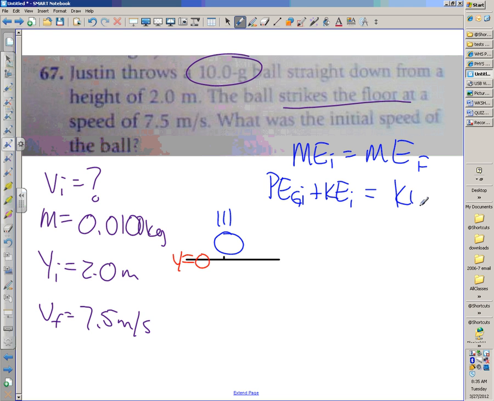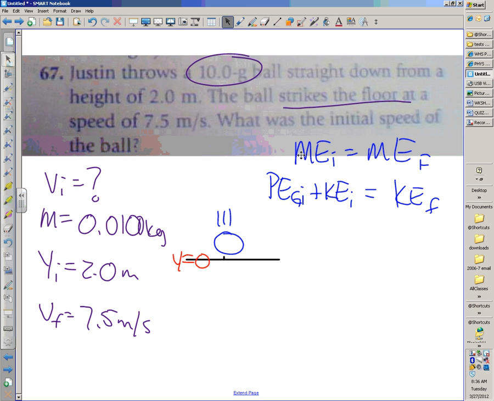So now it still has kinetic energy. Does that make sense? So we can have two different forms of energy at the same time. Remember that in this equation, the two sides are actually sums: the kinetic plus the gravitational potential plus the elastic potential. So we have to look at our problem and say, okay, what do we have here?